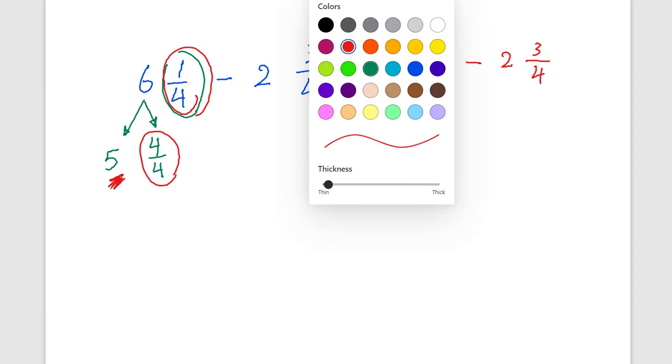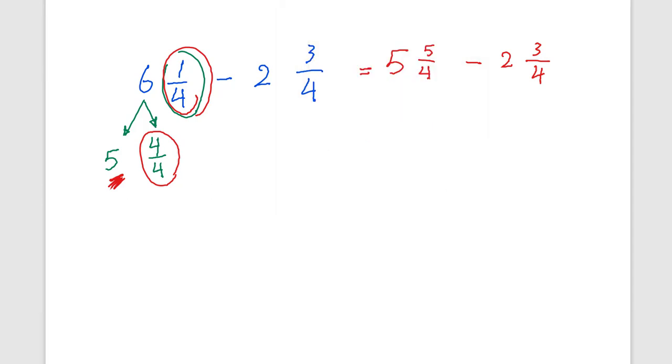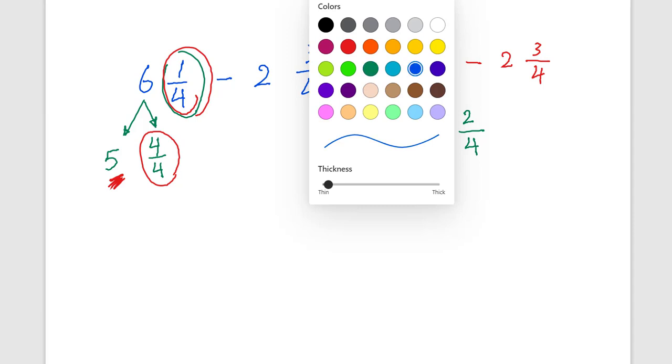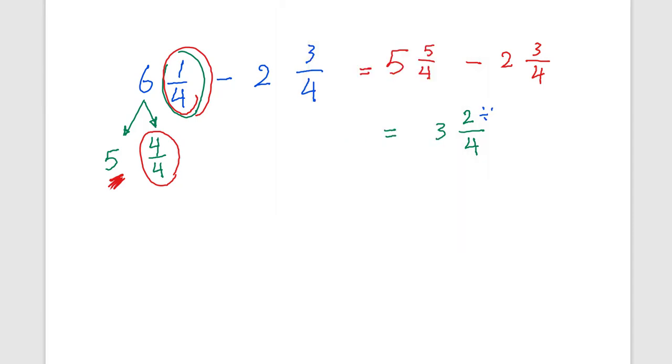Now we can subtract easily. Let's choose another color. Okay, this is 2/4 and 5 minus 2 equals 3. Now to find the simplest form, we can divide by 2 both numerator and denominator to get 3 and 1/2.